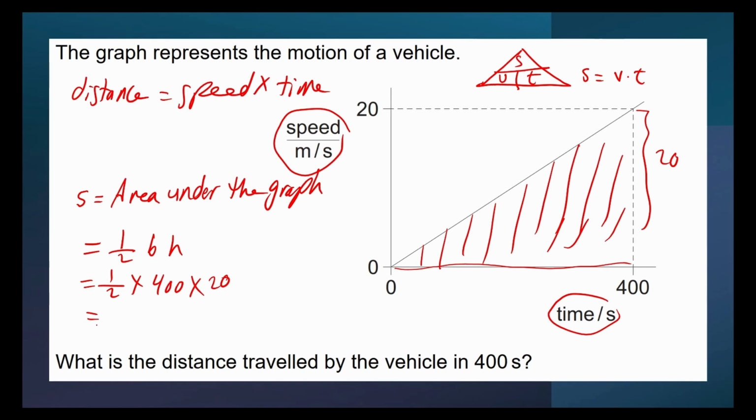Half times 20 is 10, times 400 is 4,000. So it is 4,000. Here it is meter per second and in second. So it is meter per second multiplied by second. This means it is 4,000 meters.